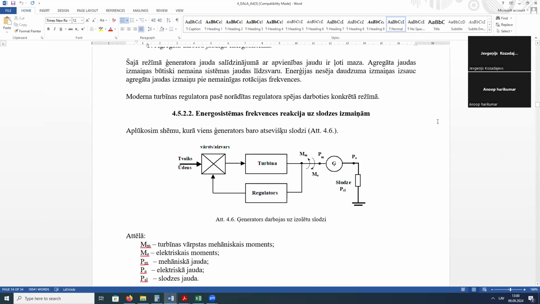Okay, so now it is clear that frequency deviation is very important and dangerous. Deviation means that we don't have the balance in a system.